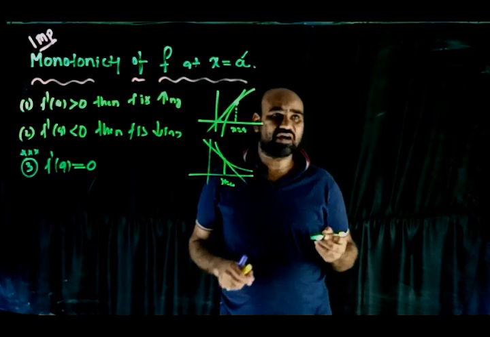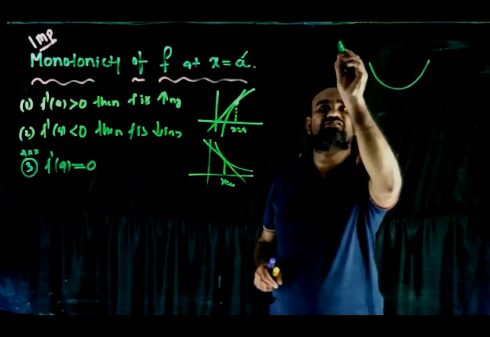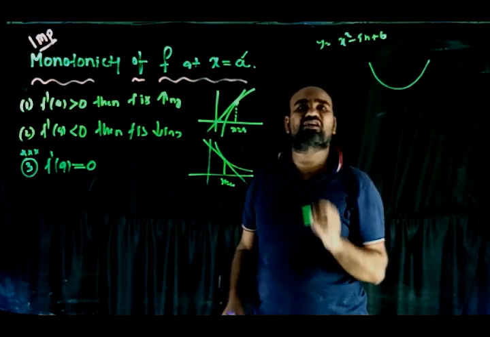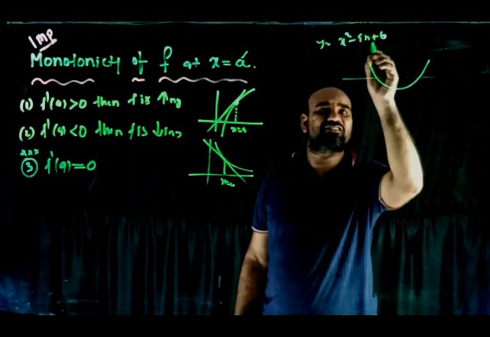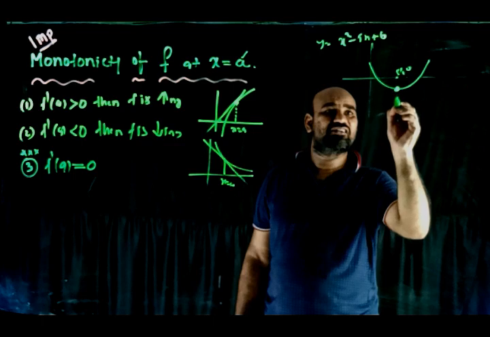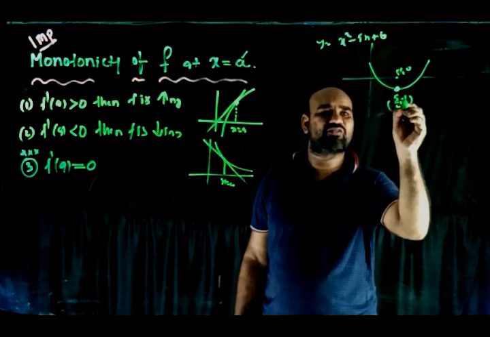In the previous part we discussed a problem, y is equal to x square minus 5x plus 6. We discussed this: this is the x-axis, this is the y-axis, this point is (5/2, 0), and at 5/2 comma something, actually 5/2 comma minus 1/4.